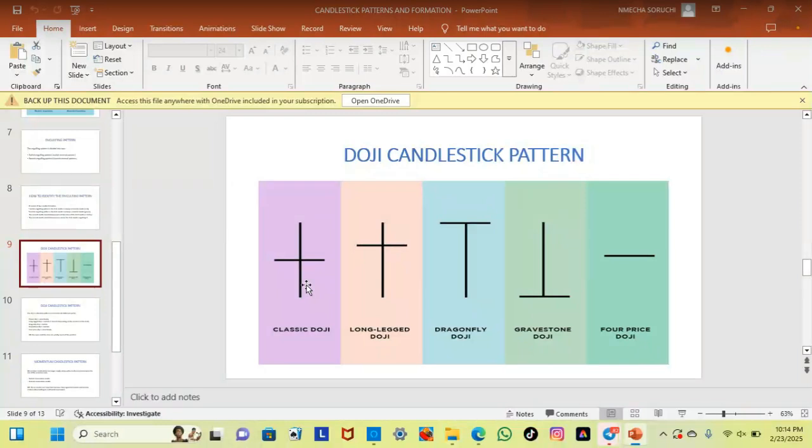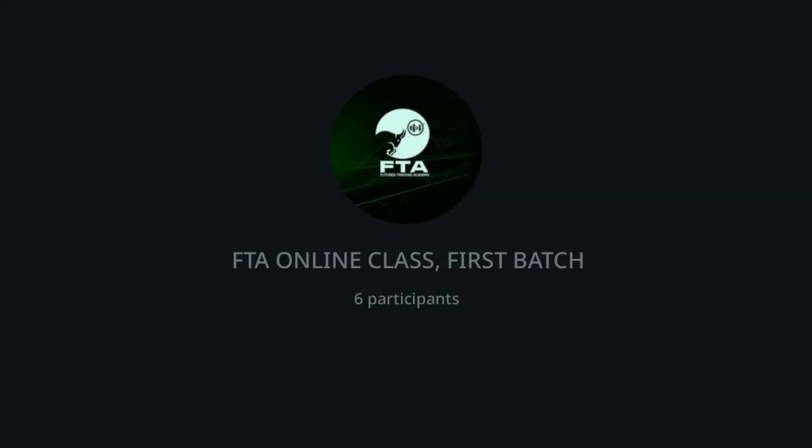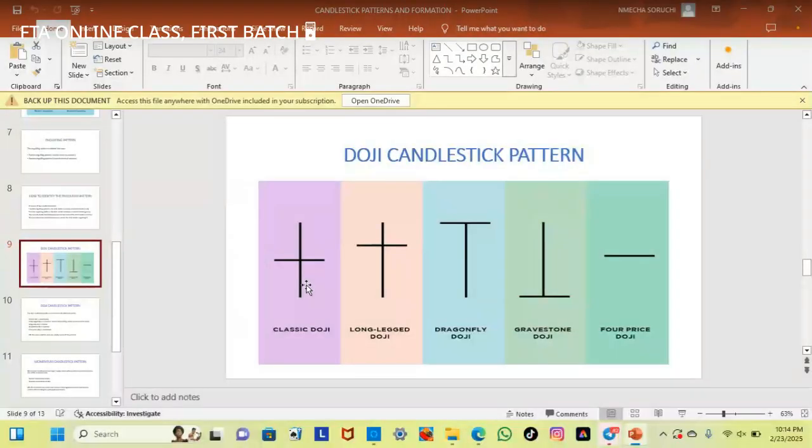You don't know if it is taking a bullish trend or a bearish trend. So whenever you see a classic doji, you just wait for another confirmation before you enter the market.